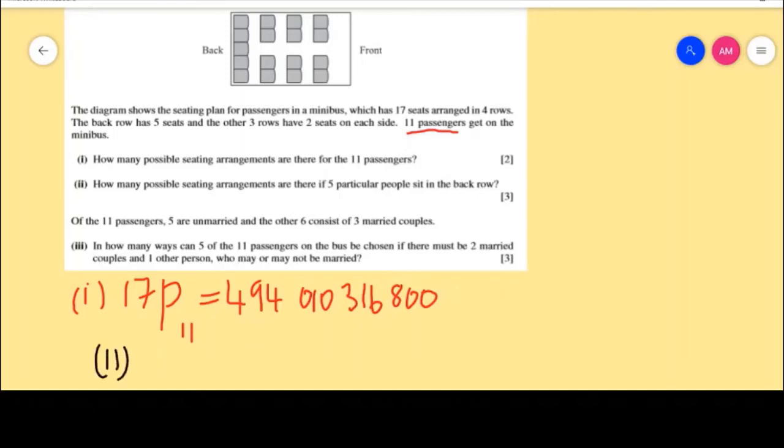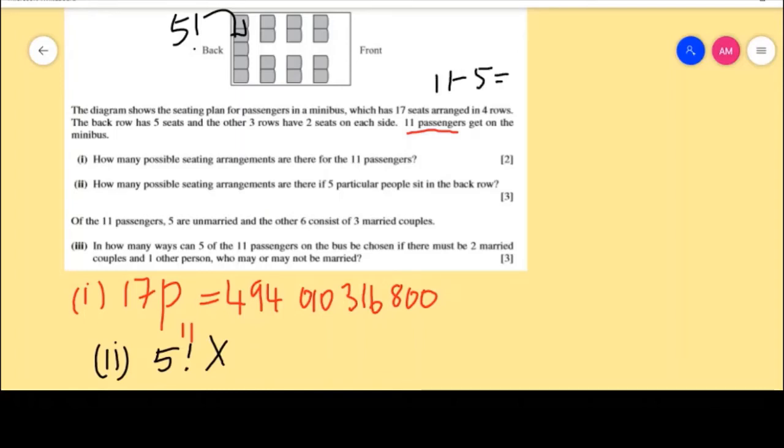Part 2. How many possible seating arrangements if 5 particular people sit at the back? So 5 go and sit here. There are 5 seats and 5 people. So those 5 people can shuffle 5 factorial ways. So I've arranged the back seat, 5 factorial ways. Times. Now I had 11 passengers, 11 minus those 5 at the back.